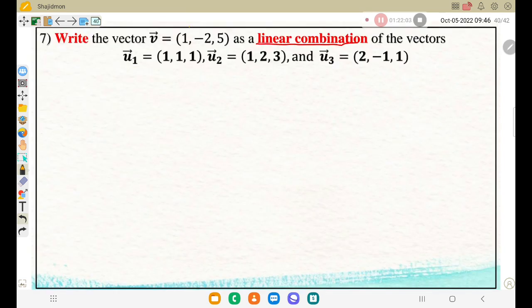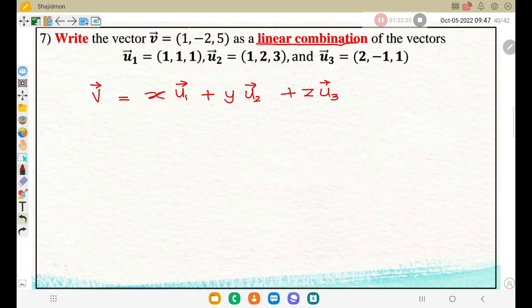Here the vectors in this space have 3 numbers. Correct? So the linear combination is vector v equal x multiply vector u1 plus y multiply vector u2 plus z multiply vector u3.